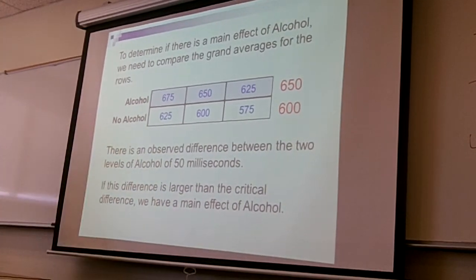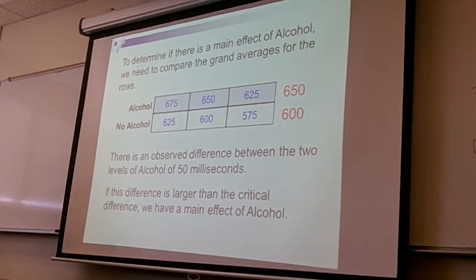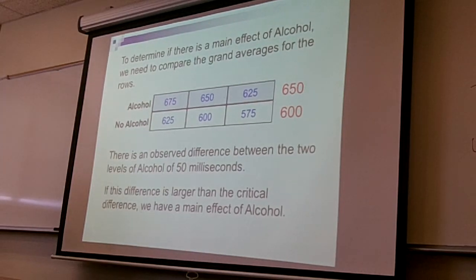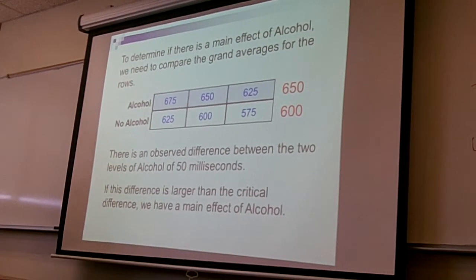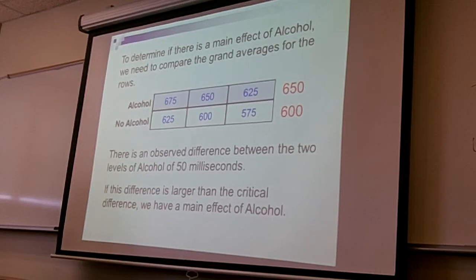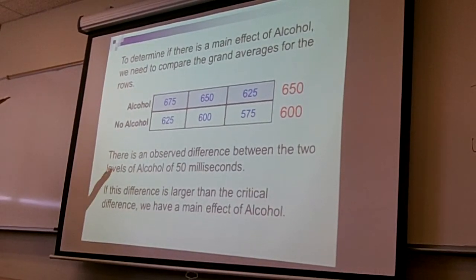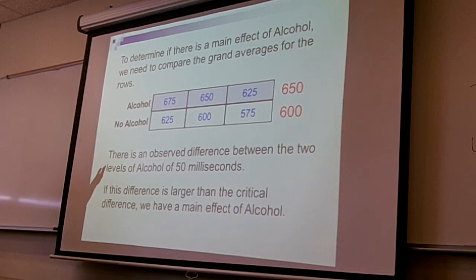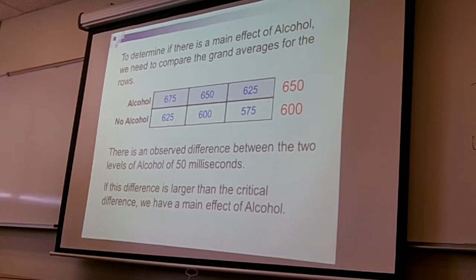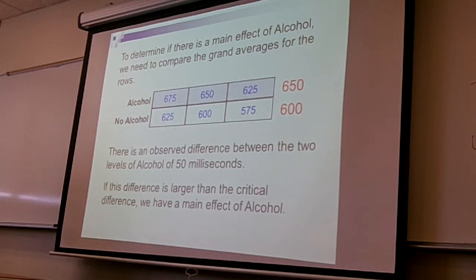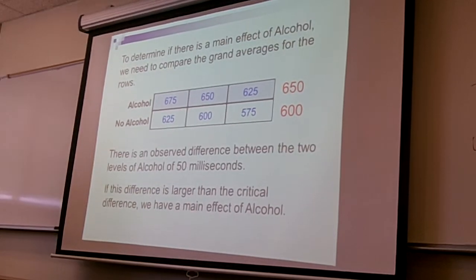If the critical difference was 25 milliseconds, and I've got an observed difference of 50 milliseconds, does alcohol matter? Yes. Because my observed difference is 50 milliseconds, and all I need to have a statistically significant effect is 25 milliseconds. So you can think of this kind of like doing one of those post hoc tests, right?